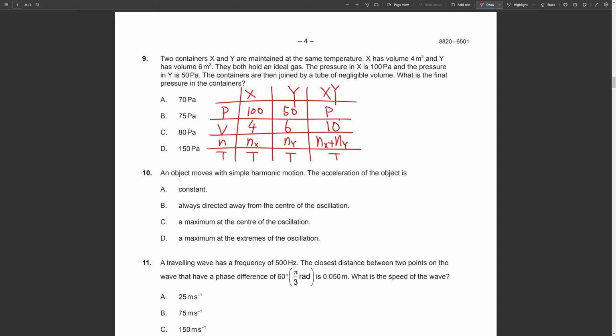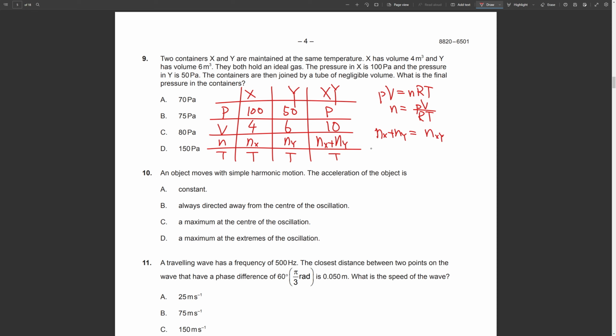This is the unknown. You can see that the connection between the left-hand side and the right-hand side is clearly their number of moles. So let's begin with the ideal gas equation. PV equals nRT, and when you make n the subject, it is PV over RT. Therefore, n sub X plus n sub Y equals the new n sub XY.